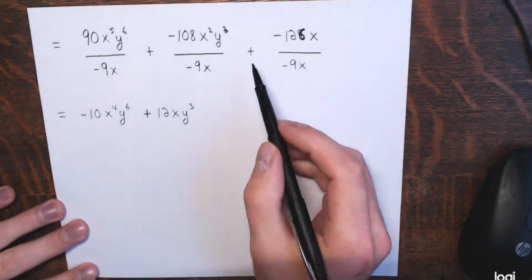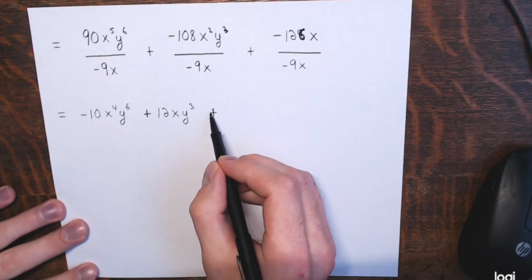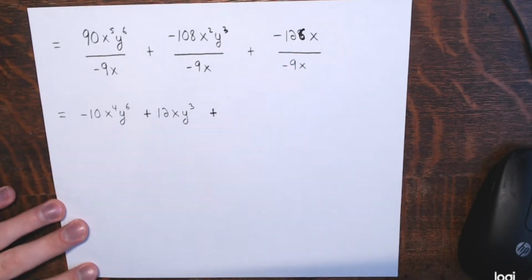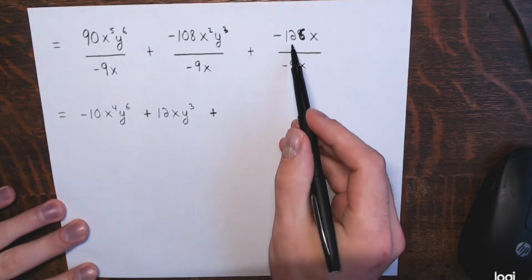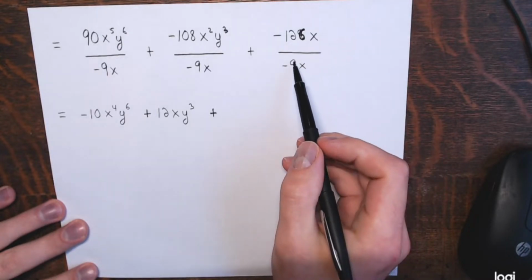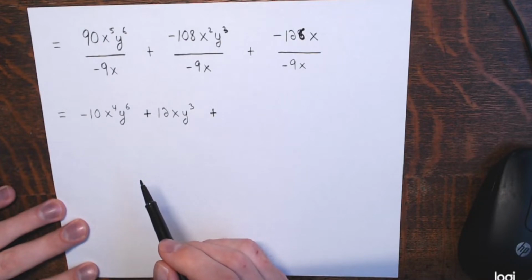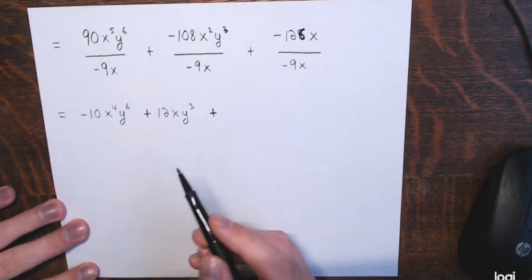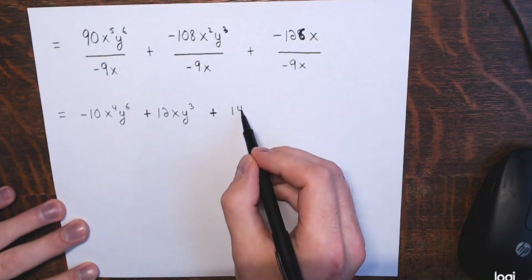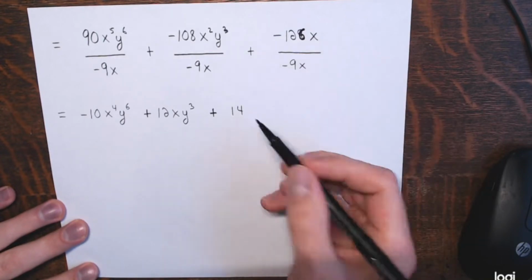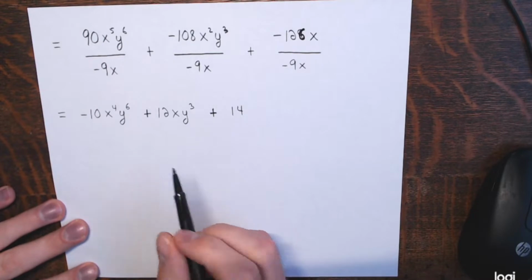And then plus, again, a negative divided by a negative is positive, and 9 goes into 126 14 times, right? 90 plus 36, 126. So that's positive 14, and then just the x's cancel, so this is positive 14 at the end. And there we go.